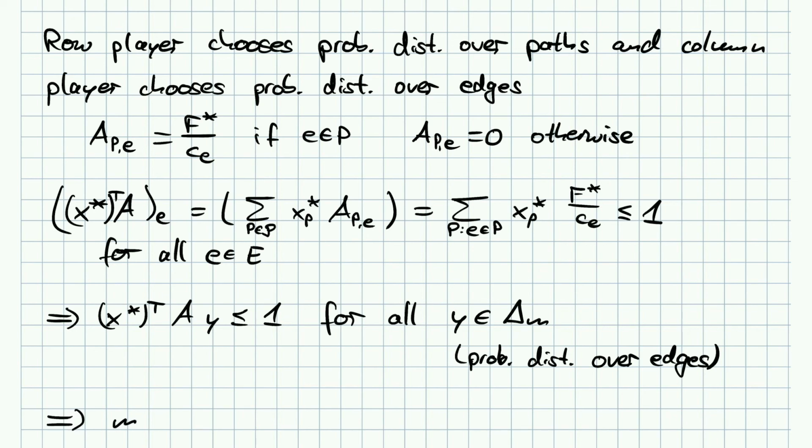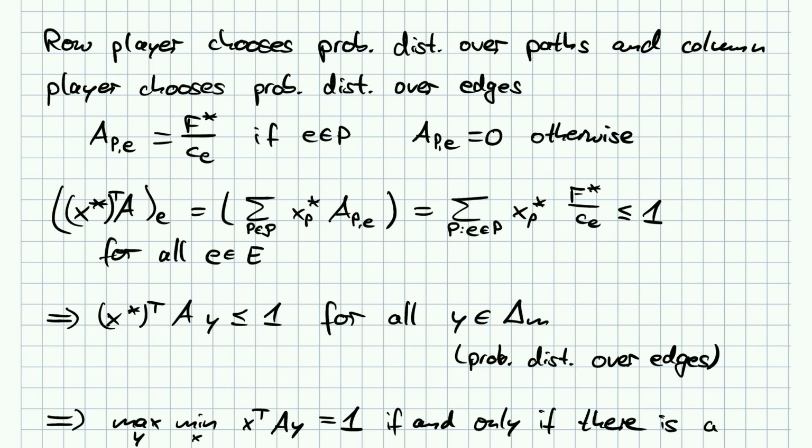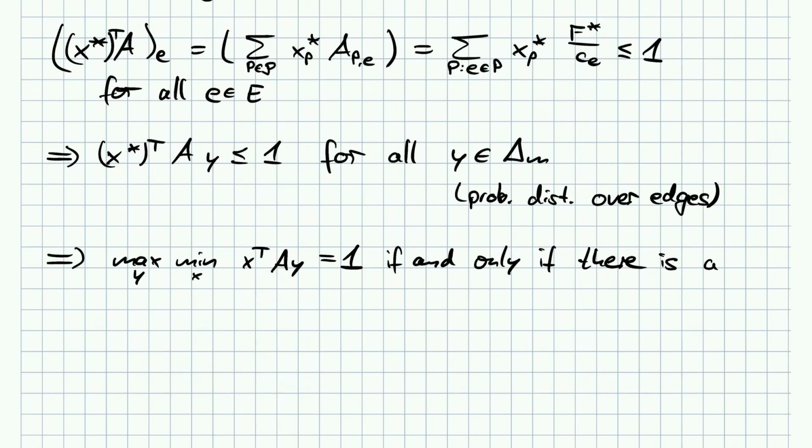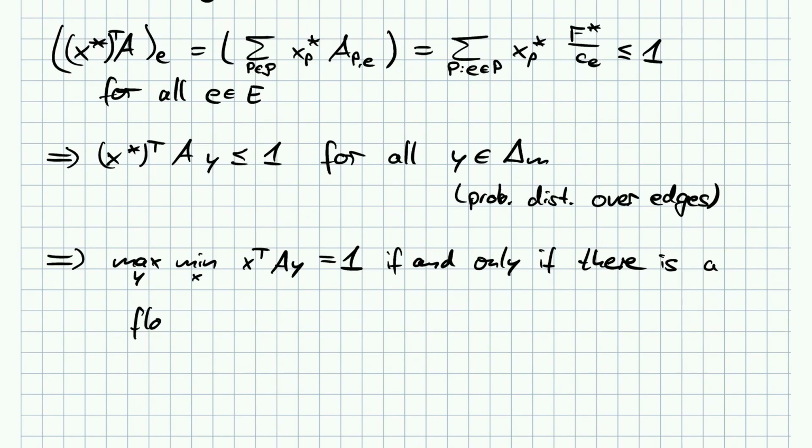What this is telling us is that the value of this zero-sum game is equal to 1 if and only if there is a flow of value F star.